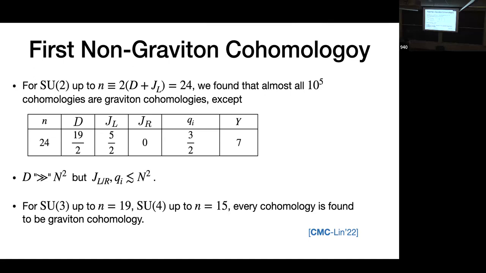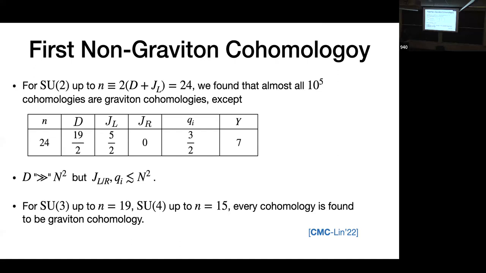You can see that this particular one, I will call that non-graviton cohomology or black hole cohomology, has a dimension actually much greater than n squared. So in this case, n is 2, so n squared is 4. But their separate angular momentum or charges are still roughly equal or smaller than n squared.